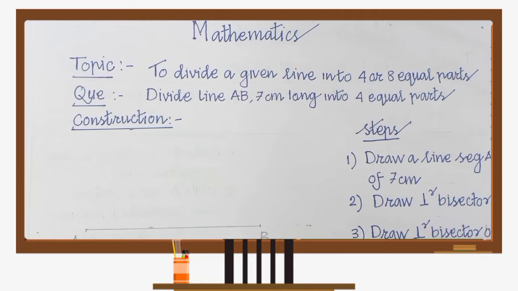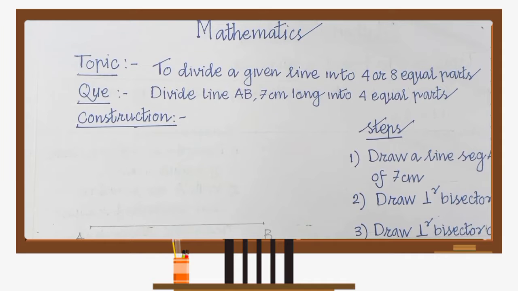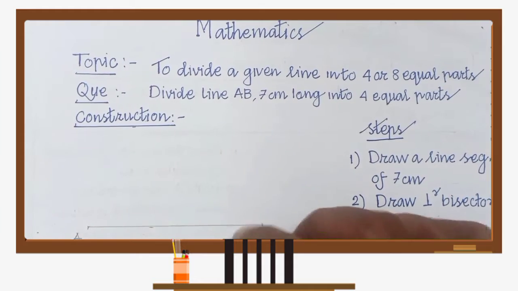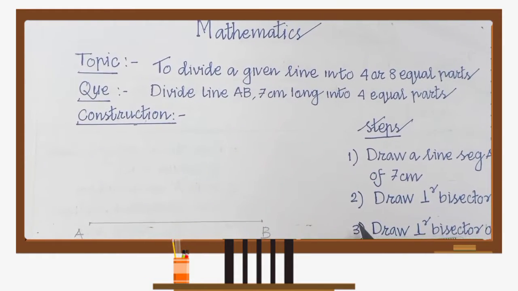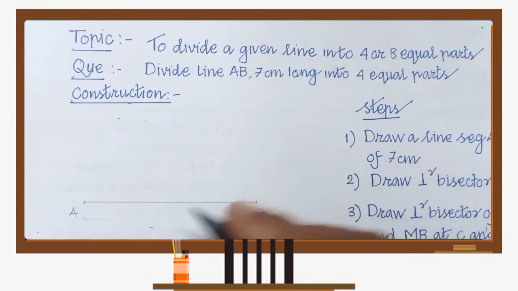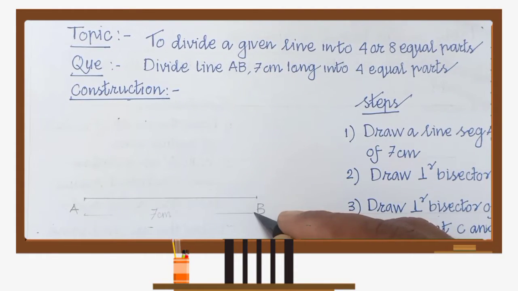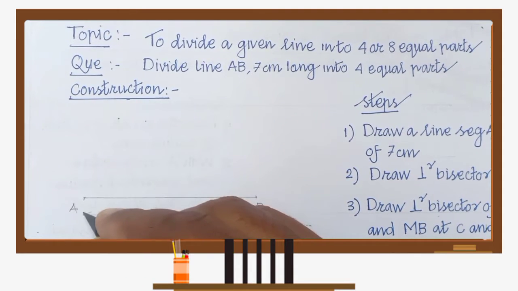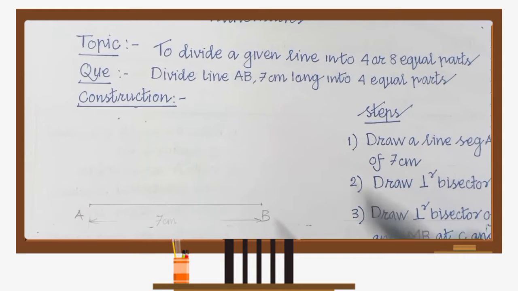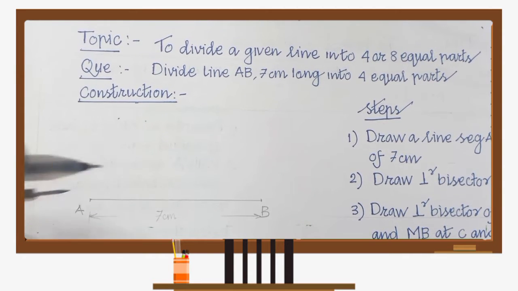Now for that you are in need of this compass. ये कंपास की हमको आवश्यकता रहती है. We have drawn here a 7 centimeter distance. This is our 7 centimeter distance. Now with the help of this compass we are drawing a perpendicular bisector of this AB at first.